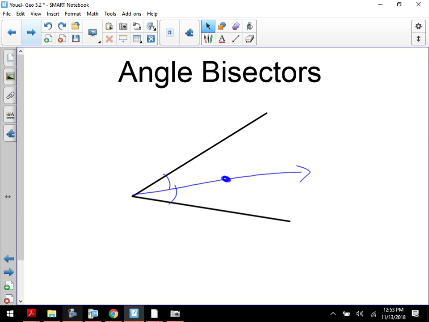So what happens here is if you draw segments that are perpendicular back to the side of the angle, like this and this, does everybody see you have 2 triangles?